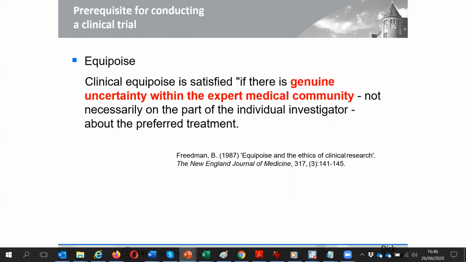So there needs to be some consensus among the experts, whatever you want to compare, to say we really need information to solve whatever issue you might have, or to see if the drug works or doesn't work. Not necessarily the person who is conducting the study.